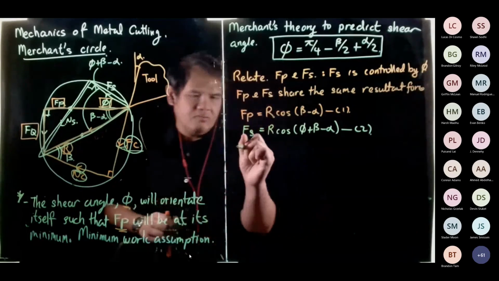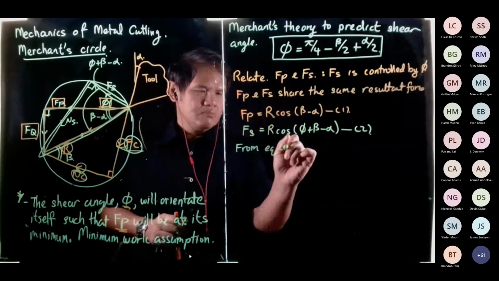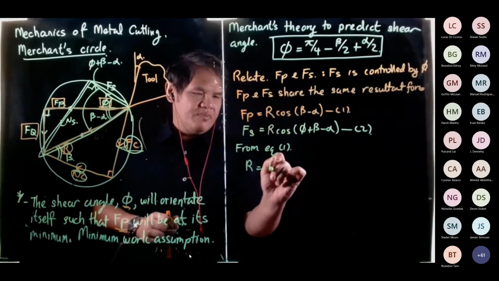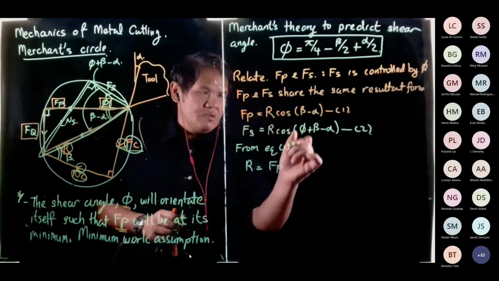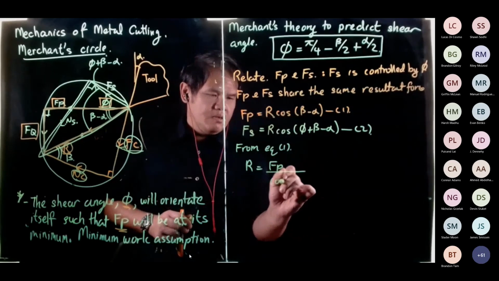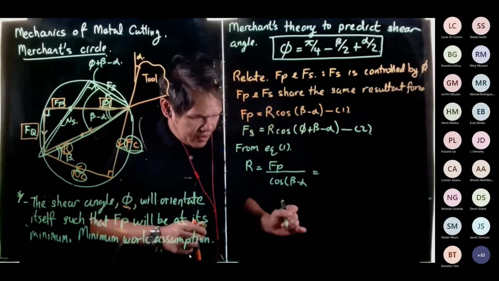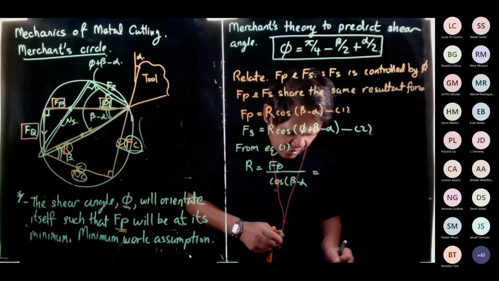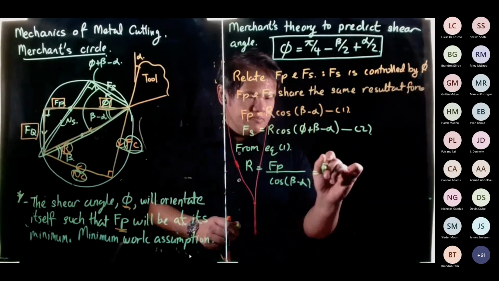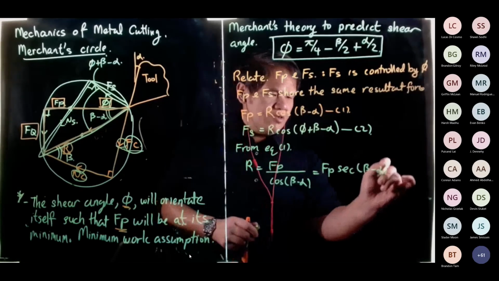So from equation number 1, right, R is equal to Fp, right, over cosine beta minus alpha, and we can 1 over cosine, we can call it Fp secant beta minus alpha.